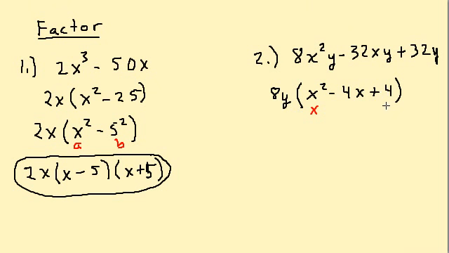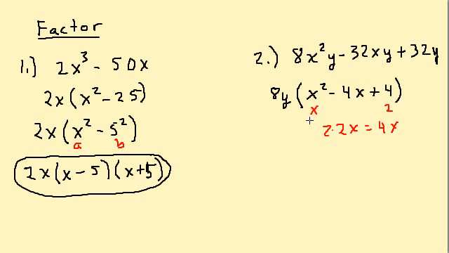The square root of 4 is 2. And so that gives me 2x. When I do x times 2, that gives me 2x. And then if I double it, I get 4x, which is the middle term. So that tells me the x squared minus 4x plus 4 is a perfect square trinomial.